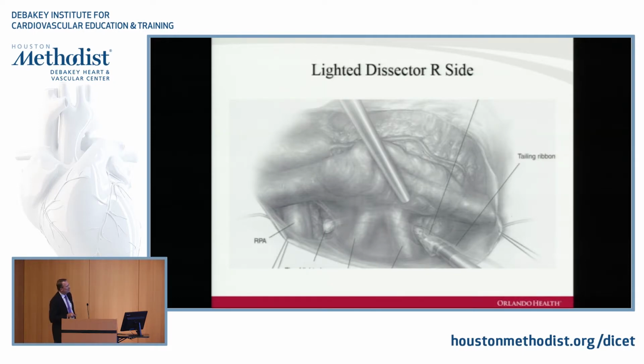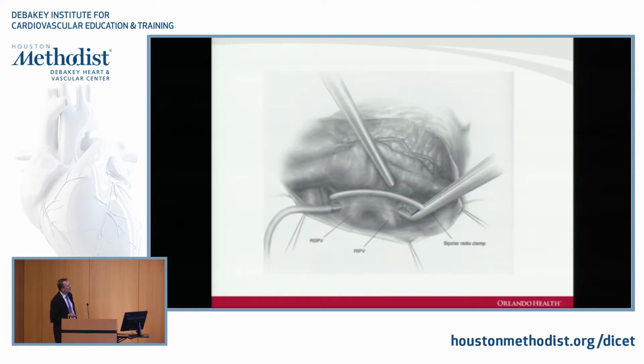And then we'll use a lighted dissector that helps us safely maneuver around the pulmonary veins that Randy Wolf developed at the very beginning of this procedure years ago, which I still think is a very useful adjunct for safely manipulating around the pulmonary veins.